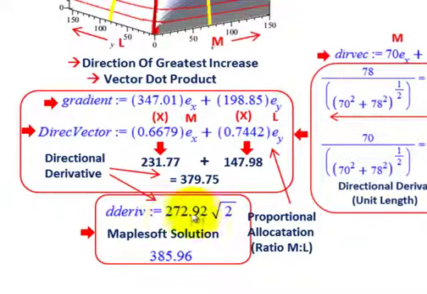In this case I use MapleSoft. You would put those numbers in and come up with a solution of 385.96, and I'm showing 379 only because I didn't carry out the decimal points far enough. So you want to use a software package to come up with the directional derivative.